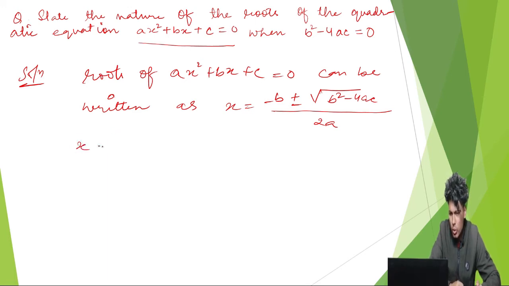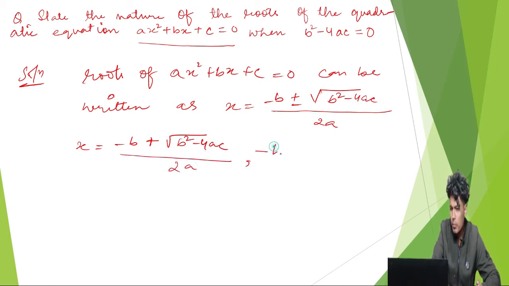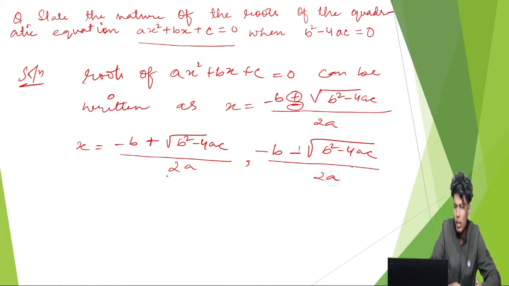So we can write x equal to minus b plus root over b square minus 4ac divided by 2a, and another root is minus b minus root over b square minus 4ac divided by 2a. Now this whole root is 0, and this is also 0.